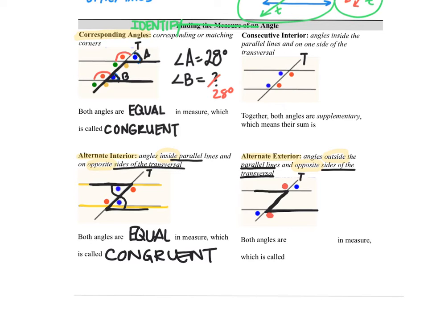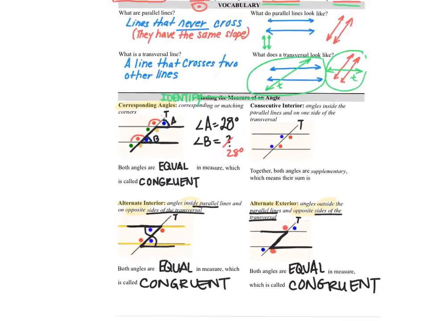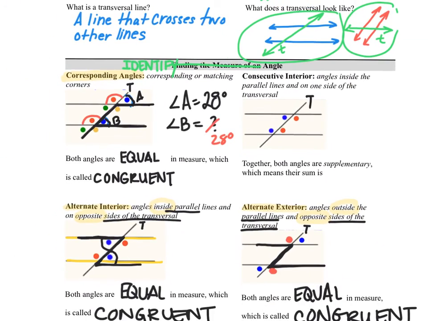Okay, and the cool thing about this is that both of these angles are equal, which means they're congruent. They're the same. Okay, so if one's 12 degrees, the other one's 12 degrees. There's only one that are not congruent. Okay, so let's go ahead and go to our last piece.